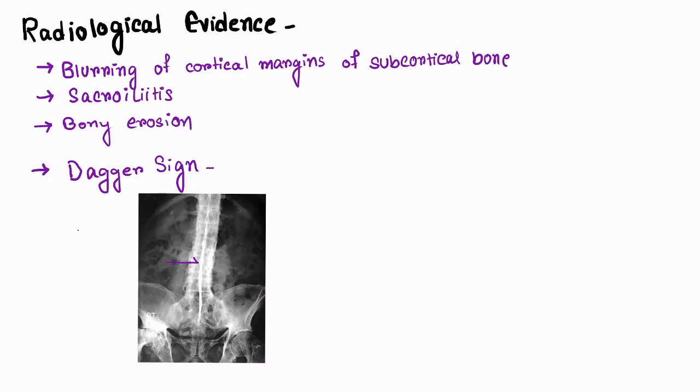Dagger sign is a single central radiodense line in the X-ray plate related to ossification of the supraspinous and interspinous ligament.